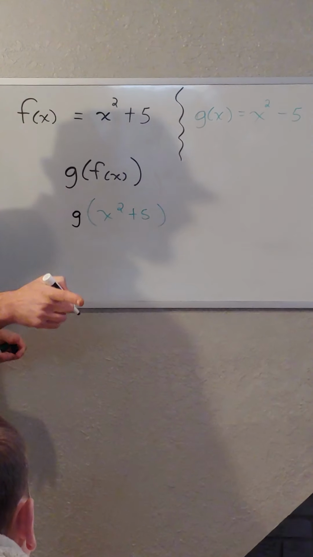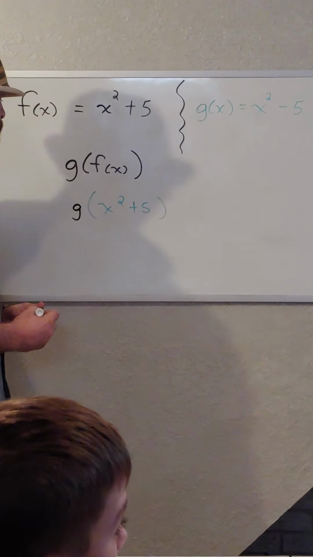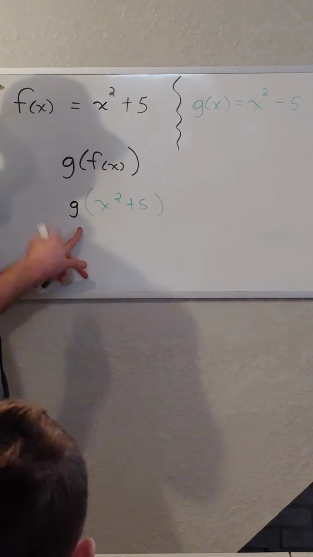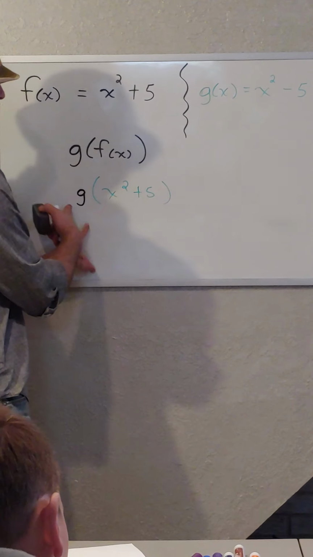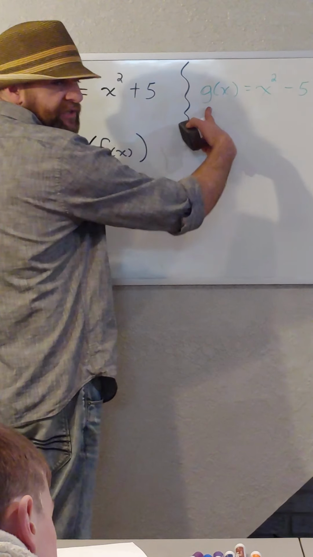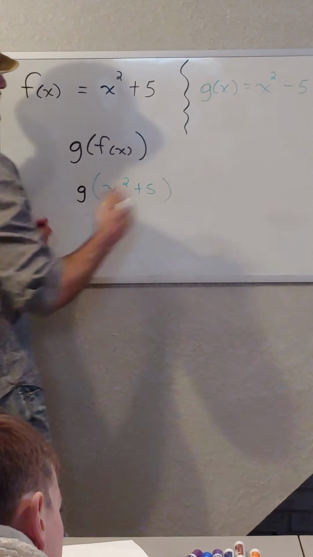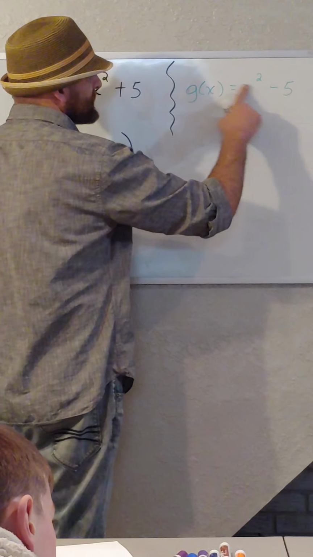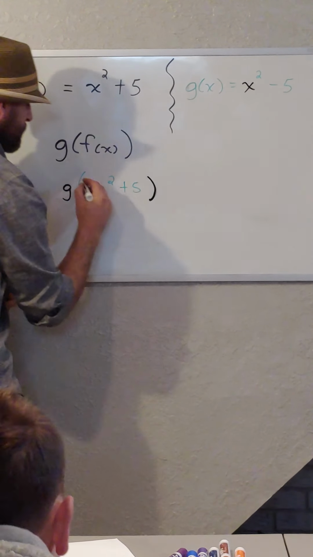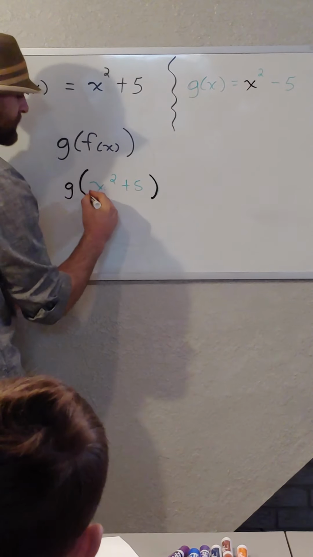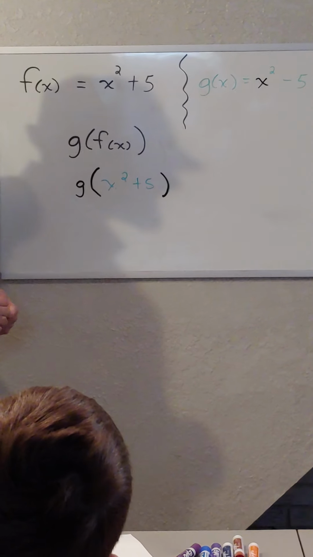Okay, does that part make sense? Okay, so since this one starts with a g, it means to go over to the one that starts with a g, and wherever you see an x, you put this in its place. Does that make sense now?